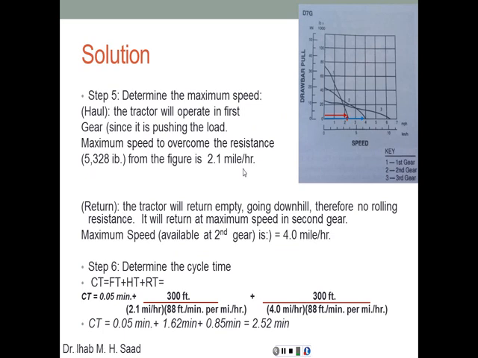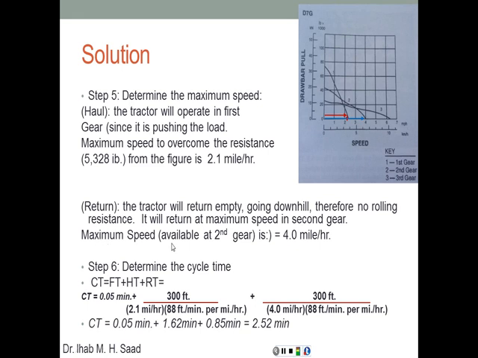Now when returning, the tractor will return empty, going downhill. Therefore, we have no rolling resistance, and we have no grade resistance either. It's actually going to be grade assistance. So instead of using a negative number, we're just going to assume a 0, because we don't have any slopes here on this performance curve. So we're going to assume a 0 resistance.